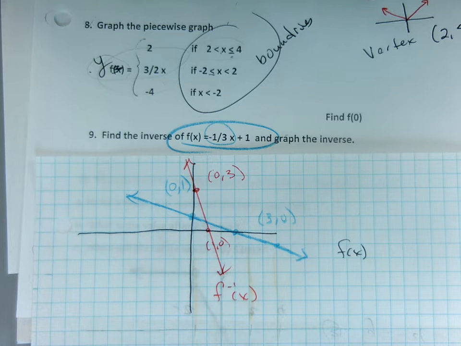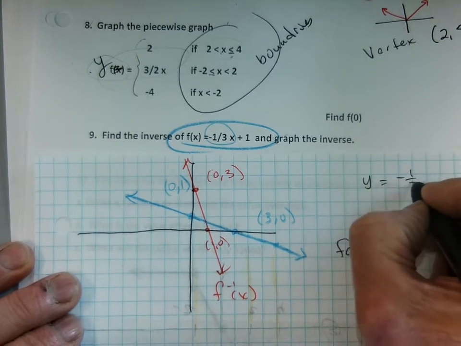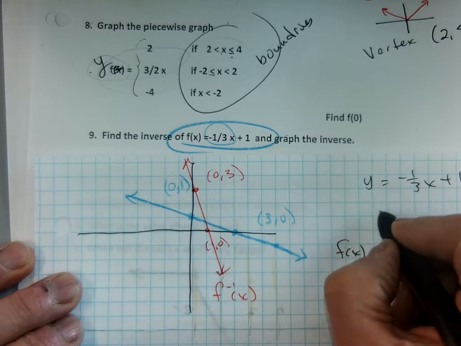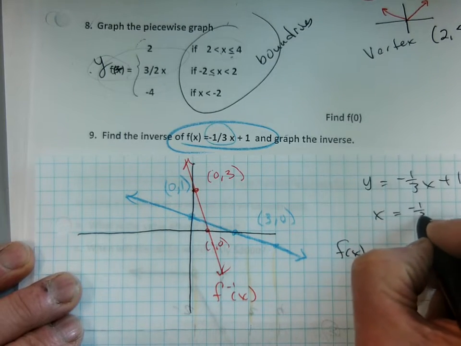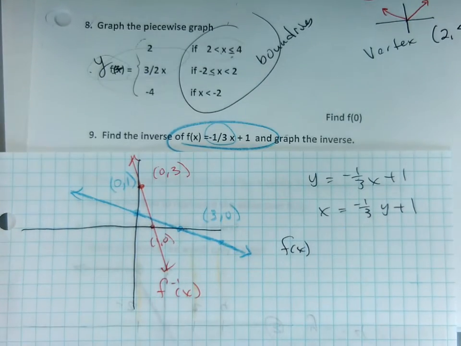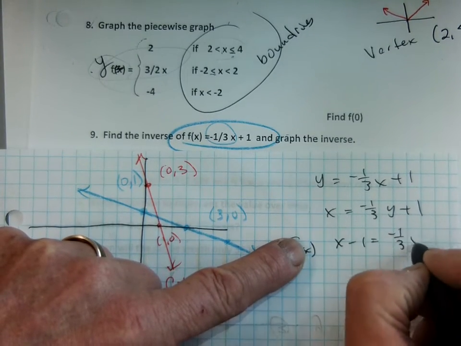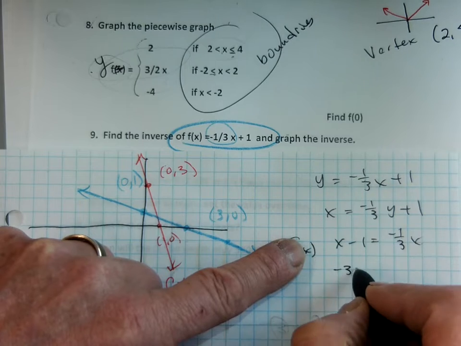So there's two ways to get the inverse. One is you could do it with algebra, and I'll show that. Algebraically, for me, I just do it algebraically. You don't have to. I'd minus 1. I'd multiply by negative 3.